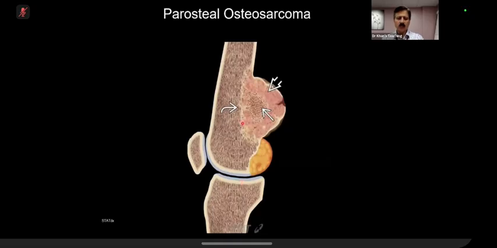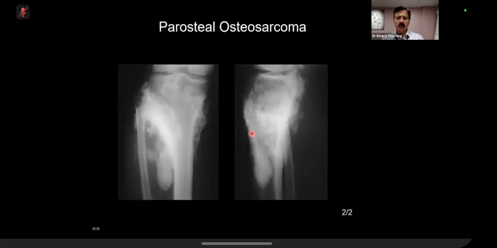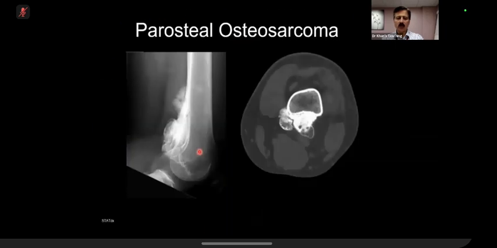It goes into the cortex also, but then it sort of continues growing around the bone. Look at this CT scan, and this tells you, and this is osseous matrix. This is classical osseous matrix, not cartilaginous matrix.